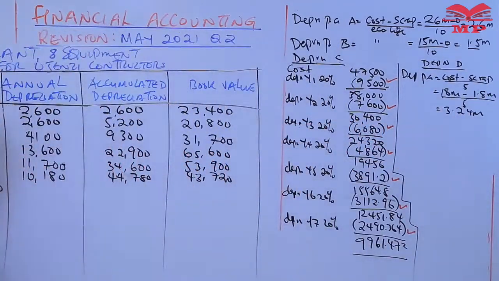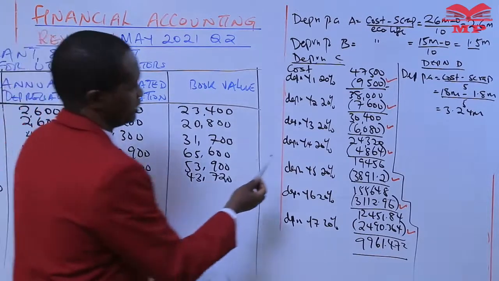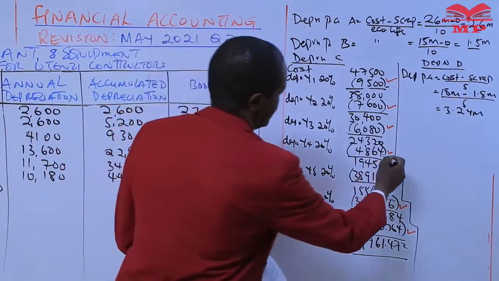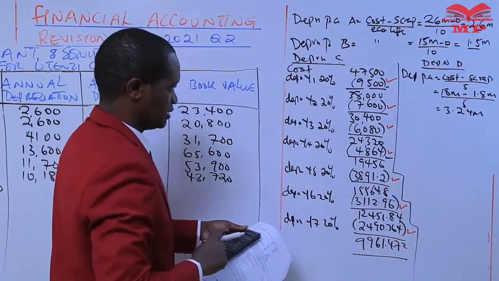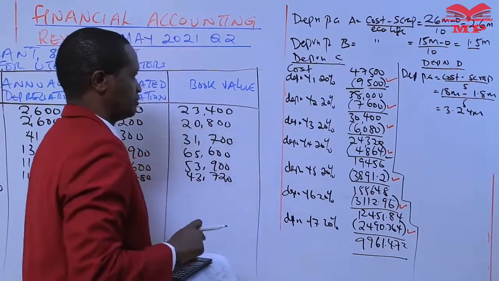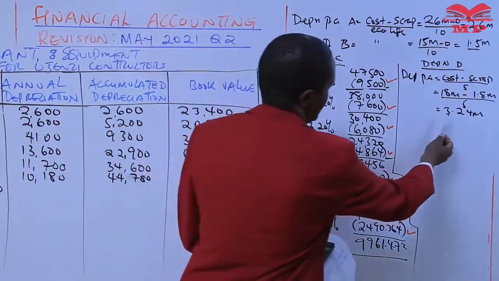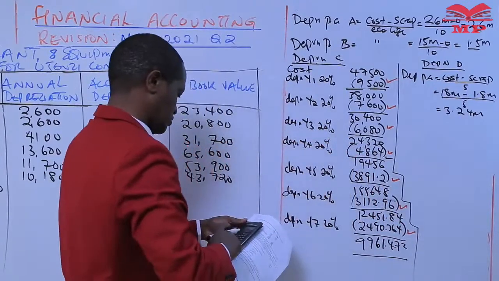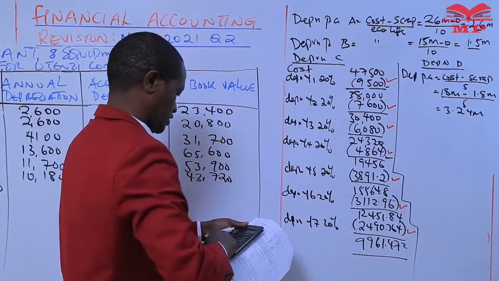So we are now going to calculate the annual depreciation for the 4 machines A, B, C, D. We know the annual depreciation for machine A is 2,600, machine B 1,500, machine C, now in the 4th year, is 4,864, plus depreciation for machine D, which you have calculated here, 3,240.